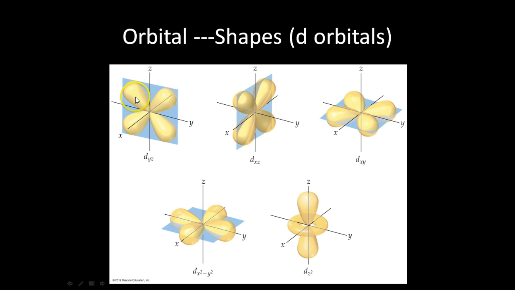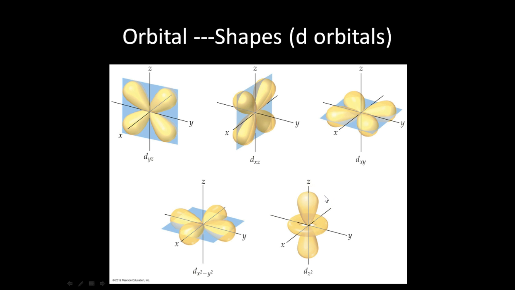And these, again, all overlap, so you get one that's oriented this way, one that's oriented along the XY, one that's oriented in this plane right here, and so on and so forth. And then the final one looks kind of like this, with a little ring with one of those p orbitals stuck through the ring.